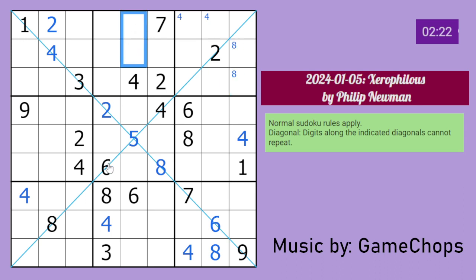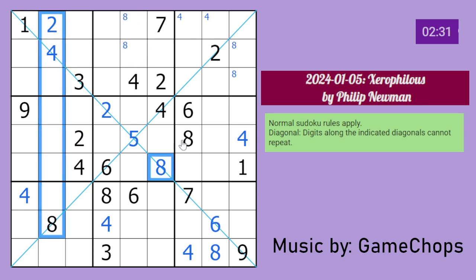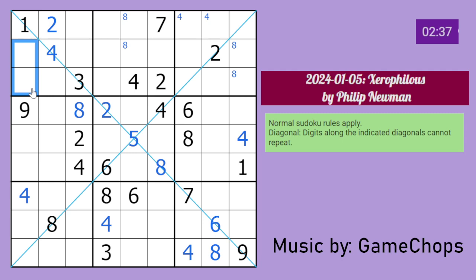And in here, 8 is in one of those cells. You can see these 8s see those. And in this box... Oh wait, no, we haven't figured out this box yet. Yeah, these two 8s see those 2 cells, so there's an 8 there. Meaning that these two 8s see those, so there's an 8 in one of those cells, which forms a similar X-wing here. So this can be an 8. That's an 8.